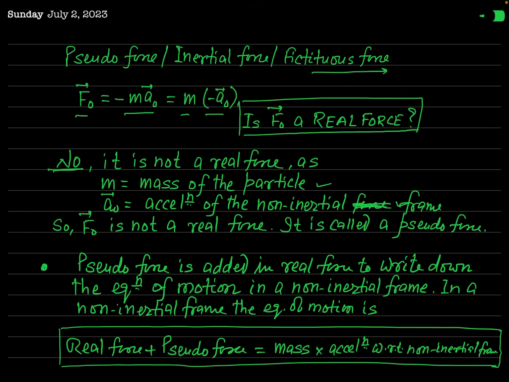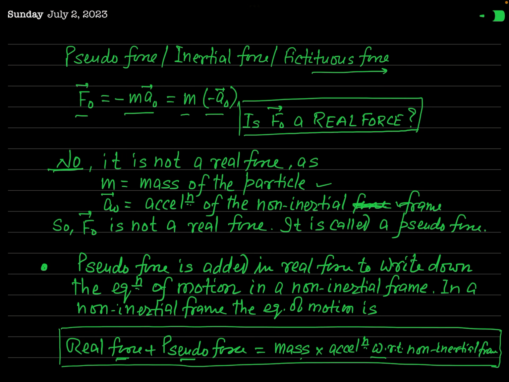And how can we now write the equation of motion in a non-inertial frame? If your aim is to write down the equation of motion in a non-inertial frame, what will we have to do? We will have to add this pseudo force to the real force, and that will be equal to mass into acceleration with respect to the non-inertial frame.